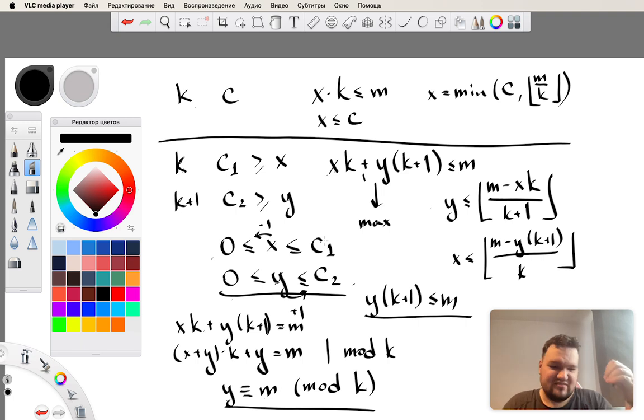And since we know that that is the greatest value of y we can get, it corresponds to the smallest value of x. So we will just check if this condition is satisfied. If it is not, then it means that x is still greater than c1, but we cannot make it smaller. So we have to stop here. And it was just impossible to get this condition satisfied exactly.